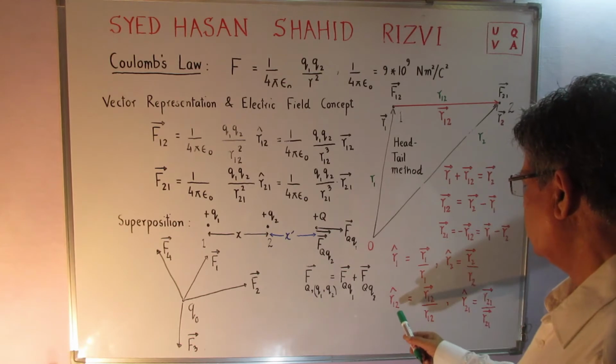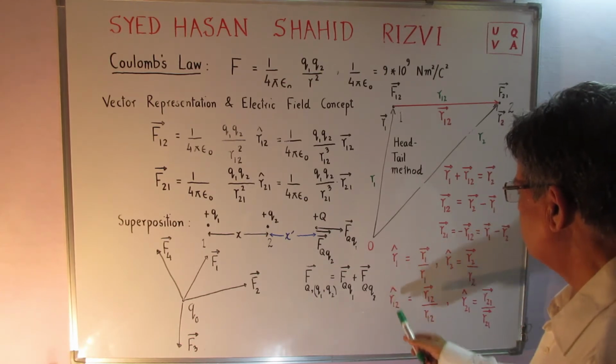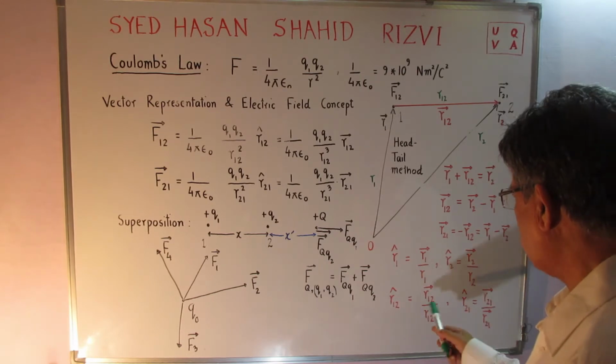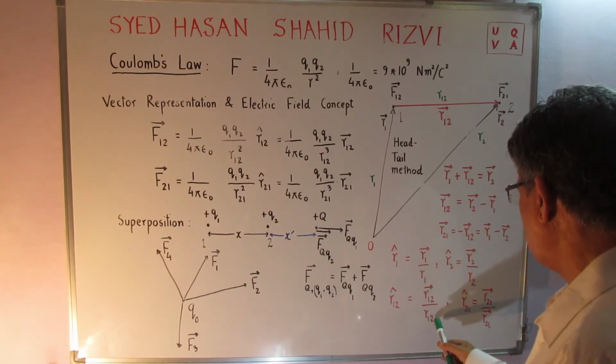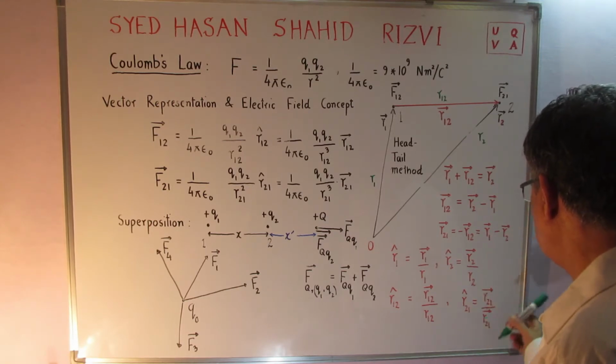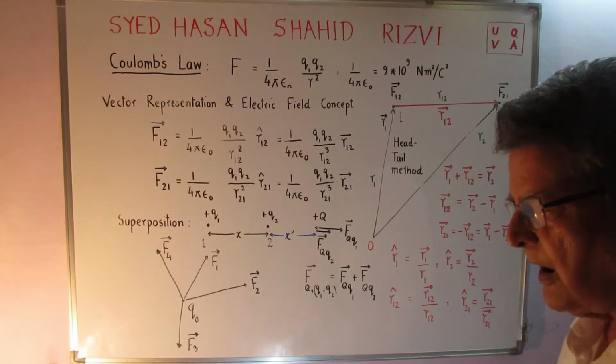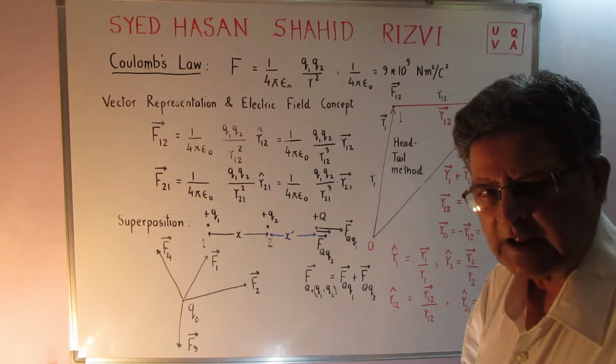And I can write the unit vector in that direction as vector R12 divided by R12, and here vector R21 divided by R21. Is that right?